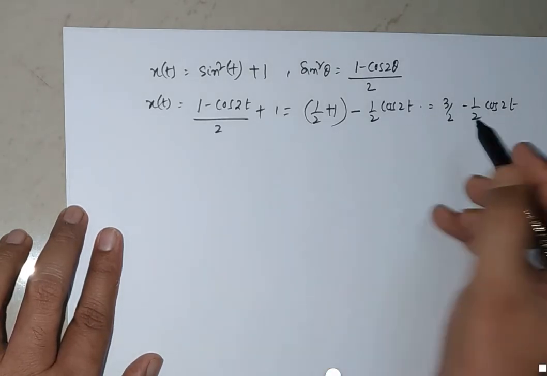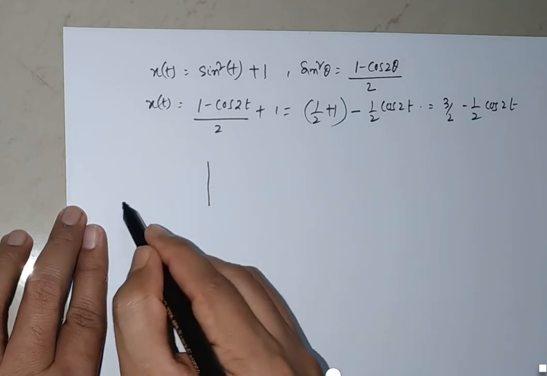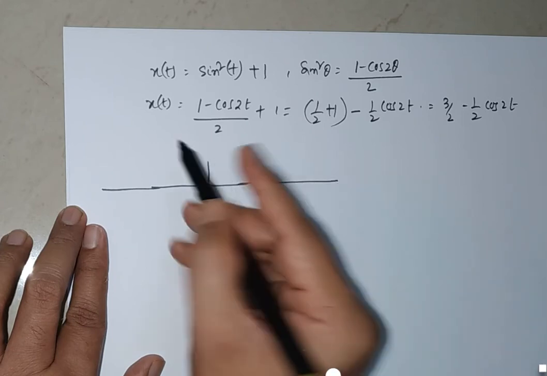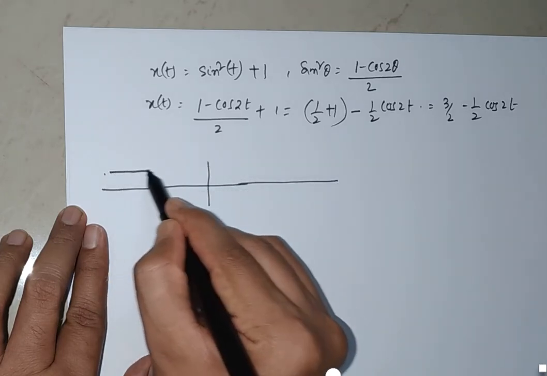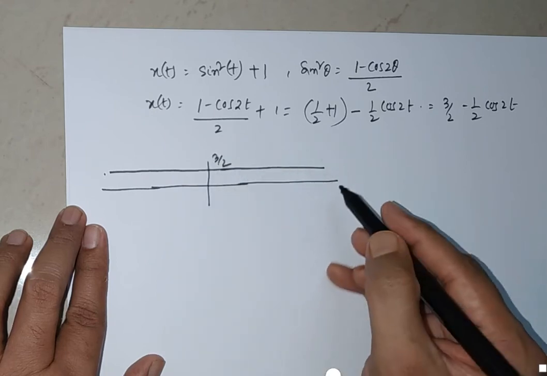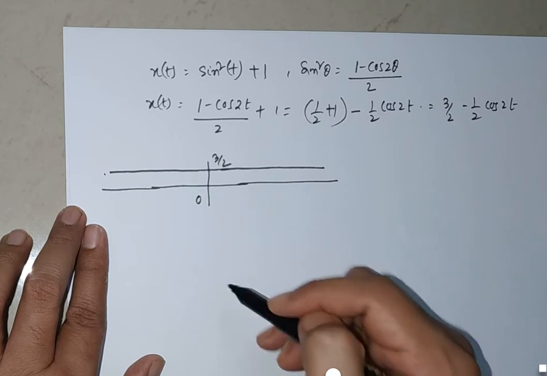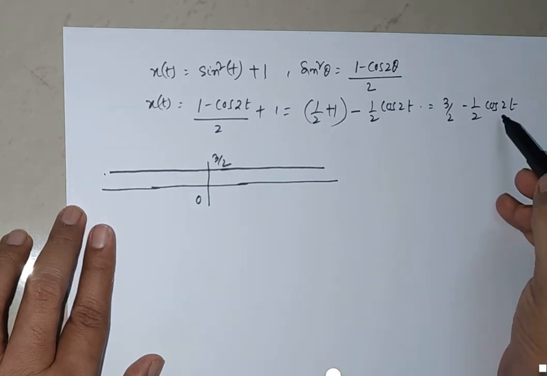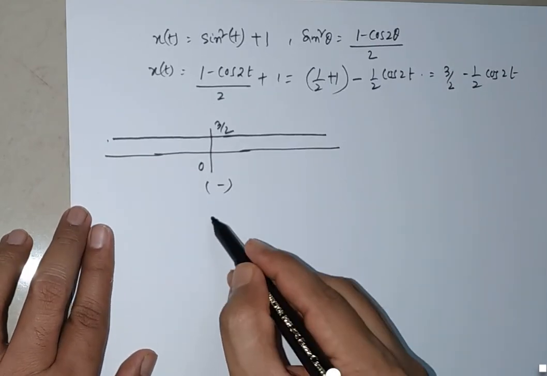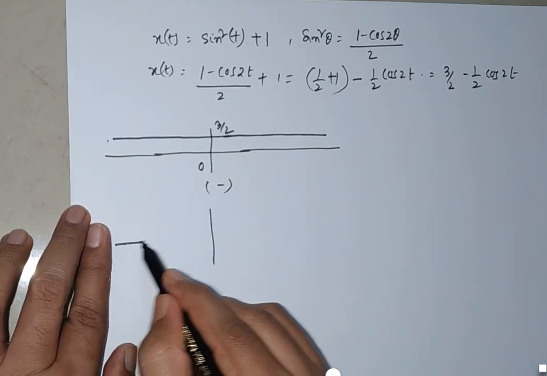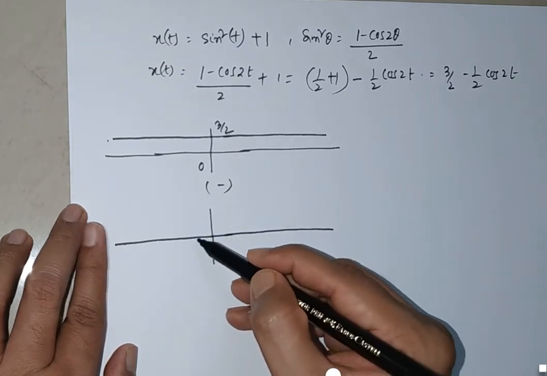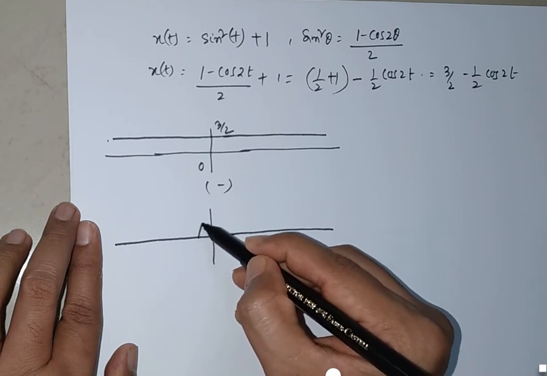If you do the plot, 3 by 2 is a DC signal, this is a DC signal of 3 by 2. Then minus 1 by 2 cos 2t is a cosine signal with amplitude 1 by 2.